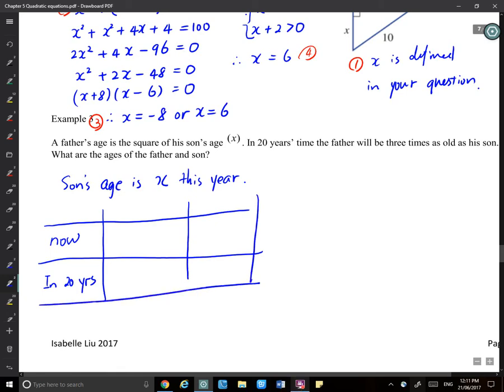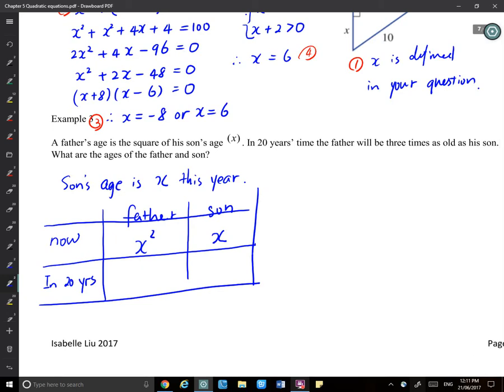And we have father and son. The son's age is x, which is given. What's the father's current age here? Yes, Lisa? x squared. The father's age is the square of the son's age, so the father's age is x squared.